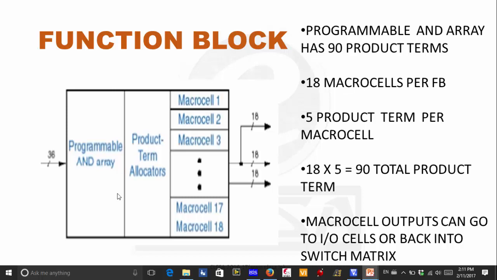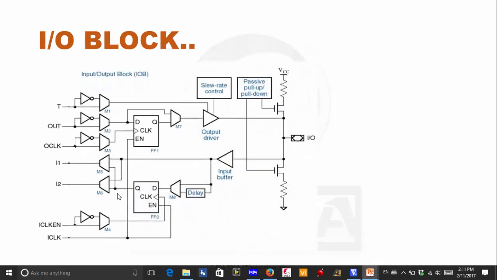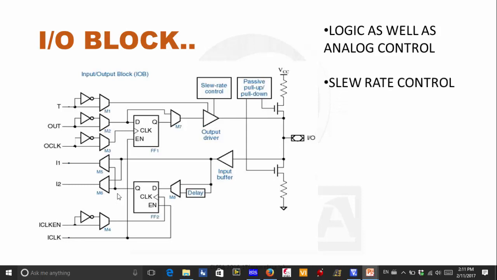Now let's move towards the input and output block. XC9500's I/O block provides many analog controls in addition to logic ones like output enables. 3 different analog controls are provided. First is slew rate control.